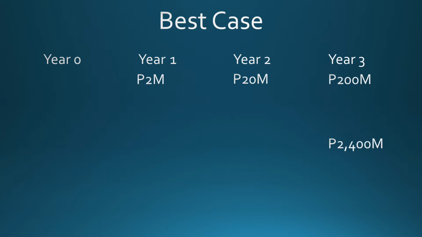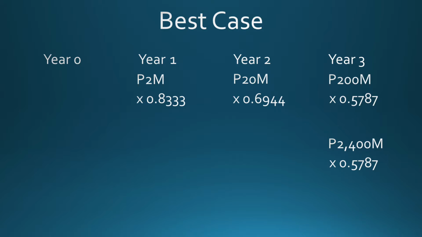The present value factors for 20% for the next 3 years are 0.8333 for year 1, 0.6944 for year 2, and 0.5787 for year 3. The same PV factor applies for the exit price, 0.5787. To arrive at the present value of each of these cash flows and the exit price, we just have to multiply them by the PV factor.